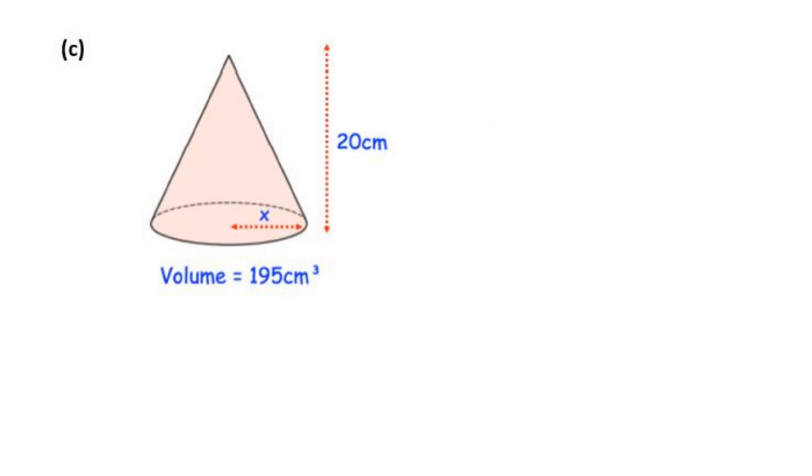The last one then, our volume this time is 195, and our height is 20, and this time we're looking for the radius. So remember our formula, volume equals a third pi r squared h, so we'll get 195 equals a third times pi times x squared times 20.